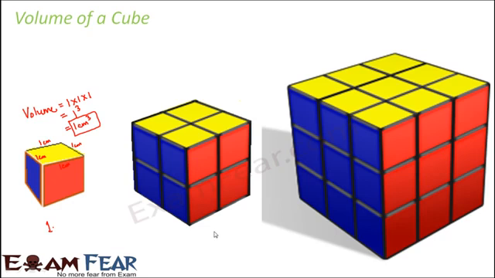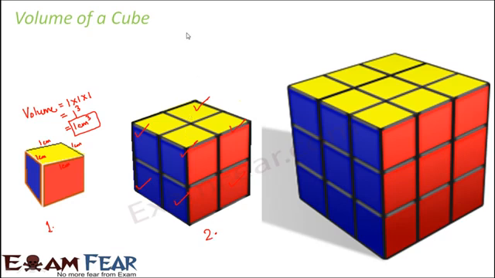Now let's look at the second scenario. Here we have multiple such cubes. In the first case you had just one cube and its volume was 1 centimeter cube. Here, how many cubes do you have? Cube number 1, 2, 3, 4, 5, 6, 7, and again at the back side you will have cube number 8.